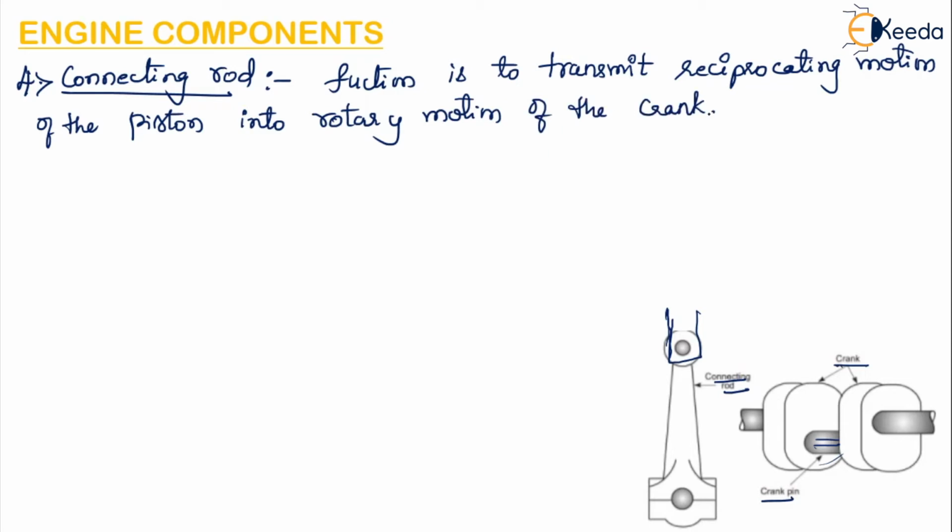Its small end, that is the connecting rod's small end, forms a pin joint with the piston, and the big end is connected to the crank by the crank pin.